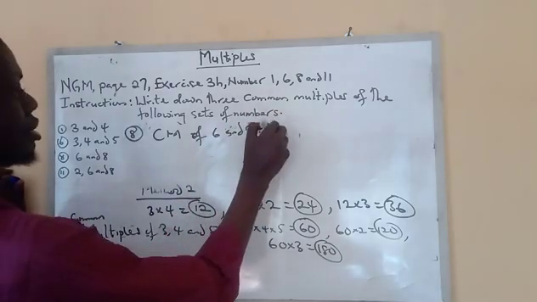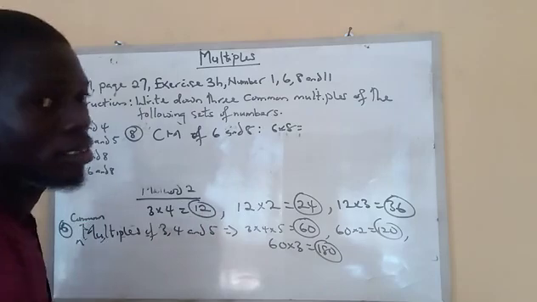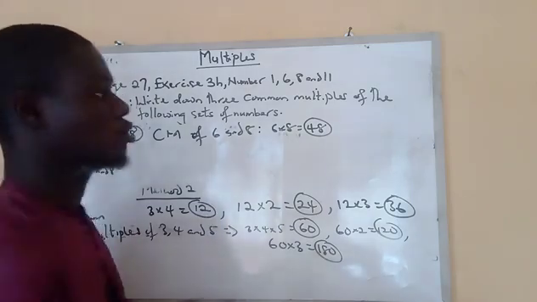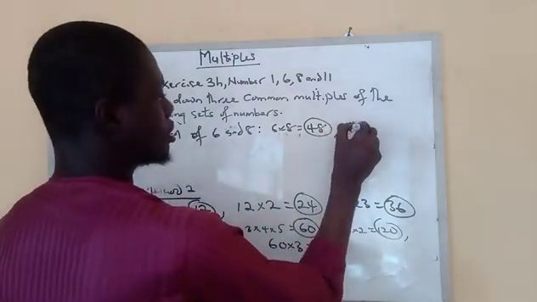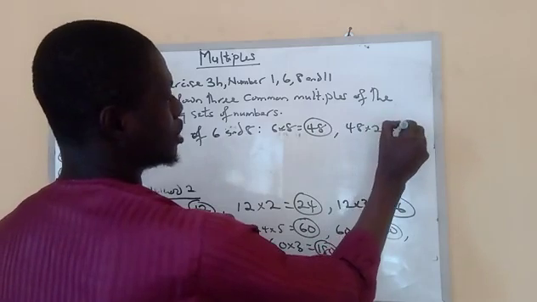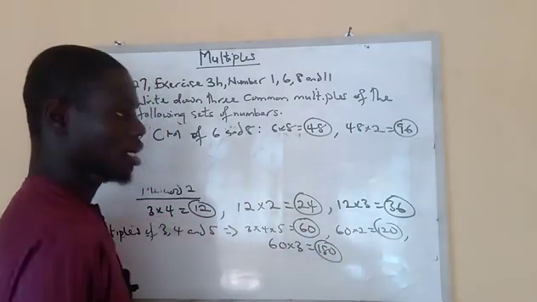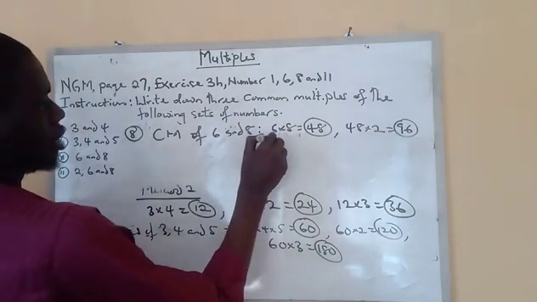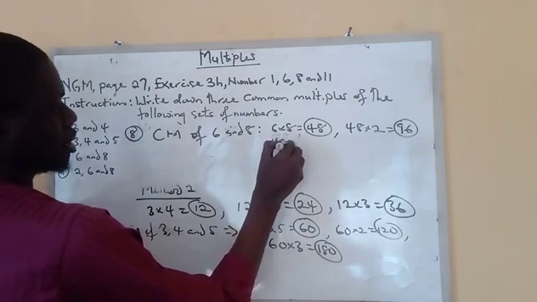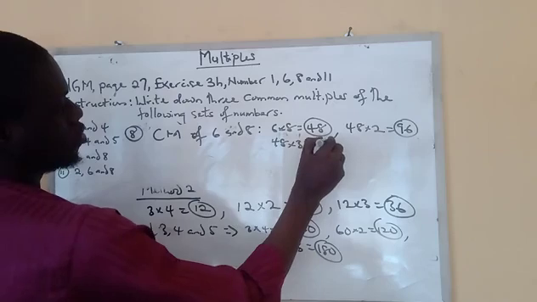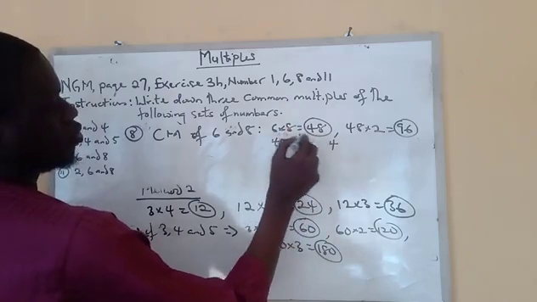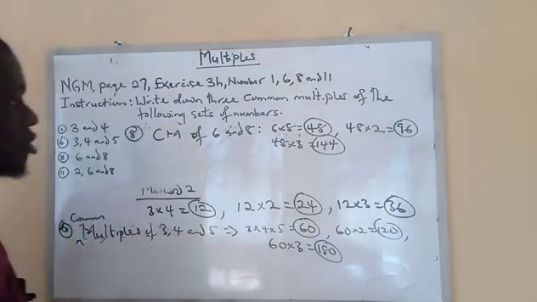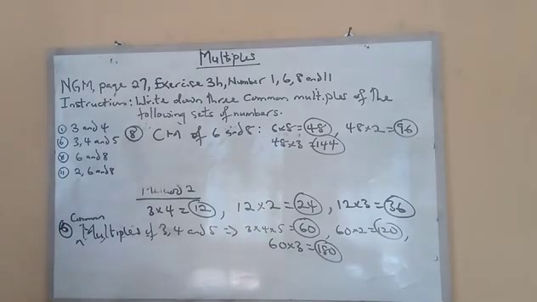These are 6 times 8, that is 48. So we then say 48 times 2, that gives you 96. So 96 is a common multiple of 6 and 8. Then the last one, 48 times 3, that gives you 144. Meaning 144 is also a common multiple of 6 and 8.